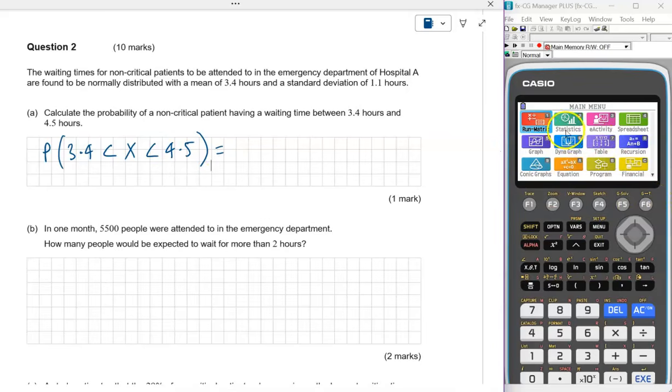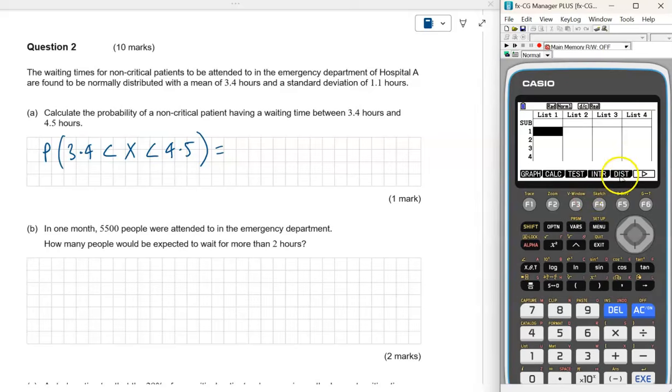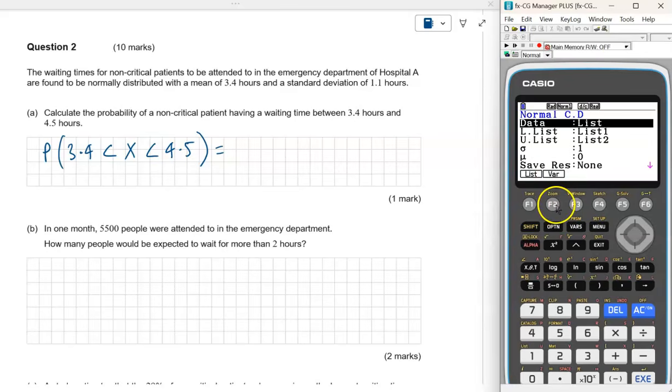Then on a graphics calculator, we head into our stats function and we're looking at distribution. So F5, normal distribution, F1, normal cumulative distribution, so F2. And rather than using a list, we're going to put in some variables. We're going to put in those parameters for the mean, which was 3.4, and the standard deviation, which was 1.1. And our lower boundary will be 3.4 and our upper boundary will be 4.5.